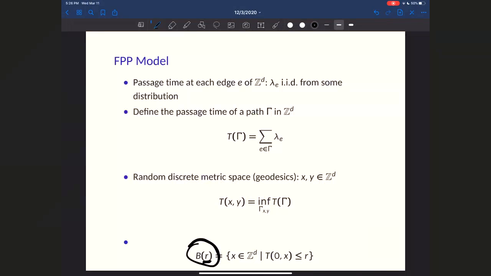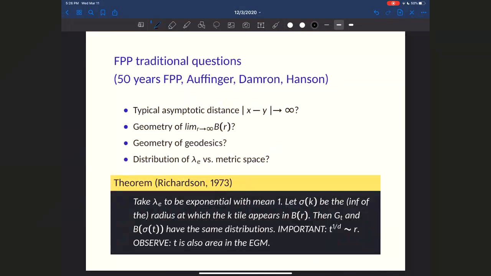Okay, let me tell you some traditional questions that people look at in this area: the typical or expected asymptotic distance, the geometry of the ball, which I'm going to come back to with some pictures, the main theorem of the field, the geometry of the geodesics, and what happens if we change the distribution on the edges.